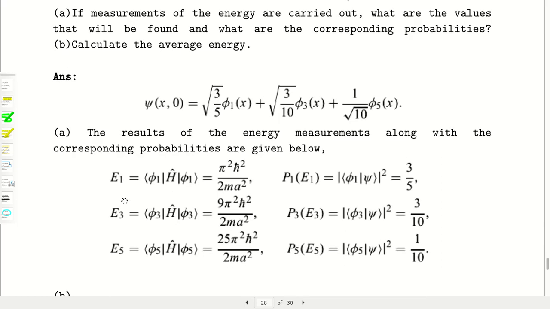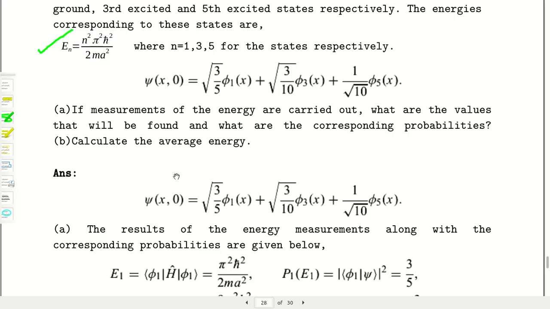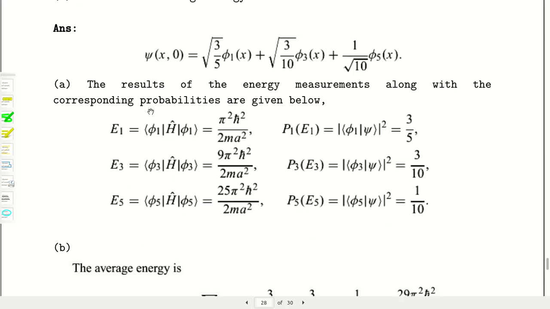First part first. Firstly, find the energy values of each of the states. First, phi 1, the ground state energy E1, is just n equal to 1 in this expression, forget about this thing. Actually, I will show you later that energy eigenvalues of quantum mechanical systems are the expectation value of the Hamiltonian.